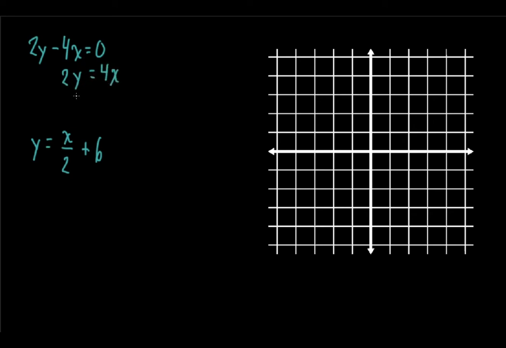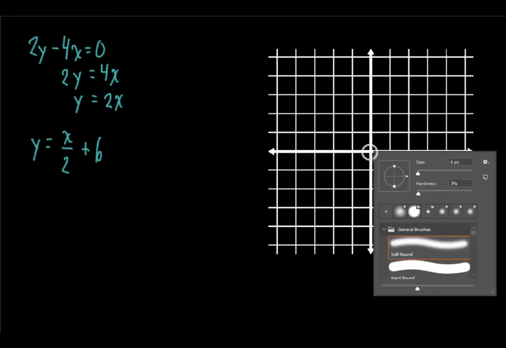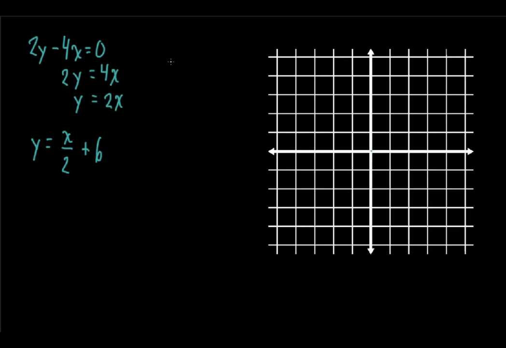All right, and then we can divide both sides by 2. And so we have y equals 2x. All right, so clearly this line has a y-intercept of 0. So it's going to intersect the y-axis at the origin. So we can put a point there. And it's increasing by a slope of 2 units for every unit of x.